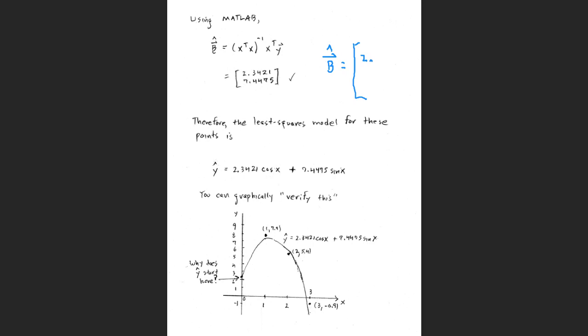The 2.3421 is your least squares estimate for beta naught, and the 7.4475 is your least squares estimate for beta 1. We denote that by beta 1 hat. See, so you don't want to use vector symbols. They've got to stop doing that in physics classes and stuff. They need to.